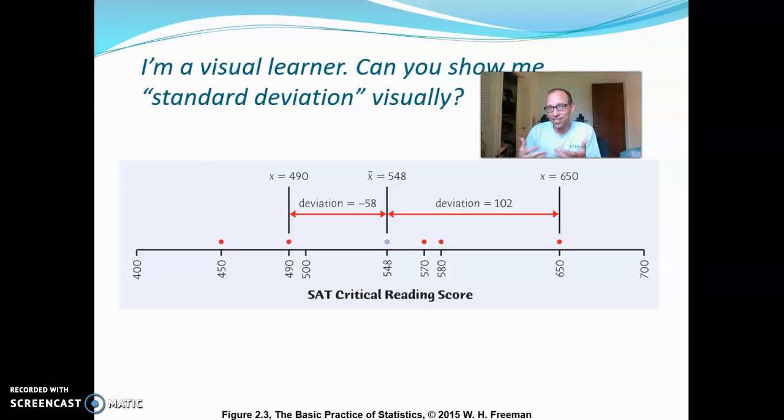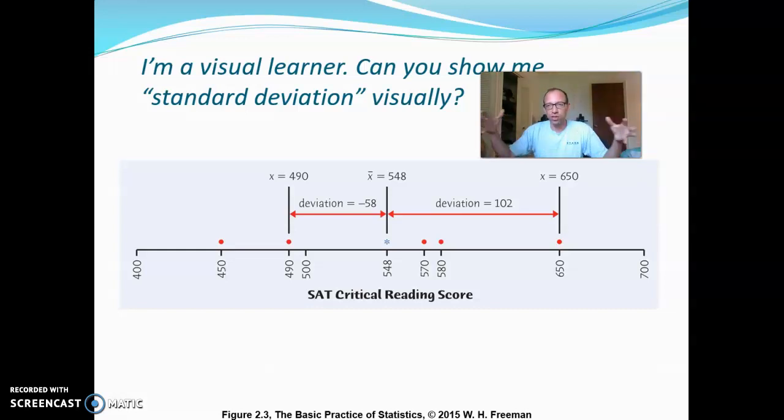And then standard, which means like common or typical, standard deviation is about how far on average people are away from the mean, or data points are away from the mean. So if we say a standard deviation is 1 or 2, then almost everyone is just a couple points away from the mean. If we say standard deviation is 100, that means the data is spread out quite a bit more, and on average-ish, the data points are about 100 points away from the mean.